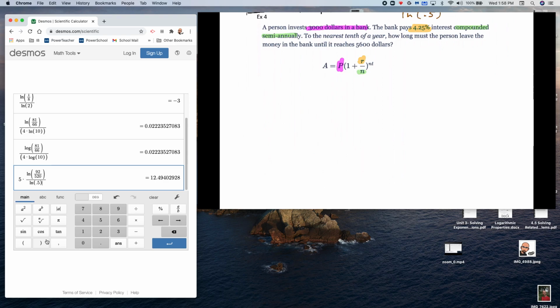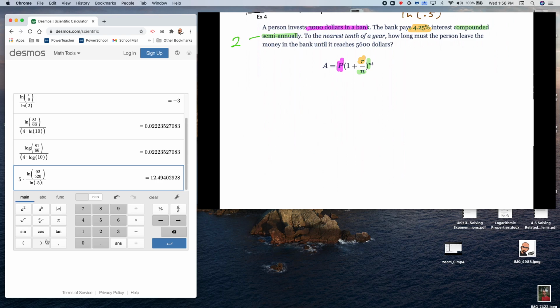Semi-annually is going to be N, where N is going to equal 2, because semi-annually means twice annually. Annually would mean per year. So semi-annually would be twice a year.